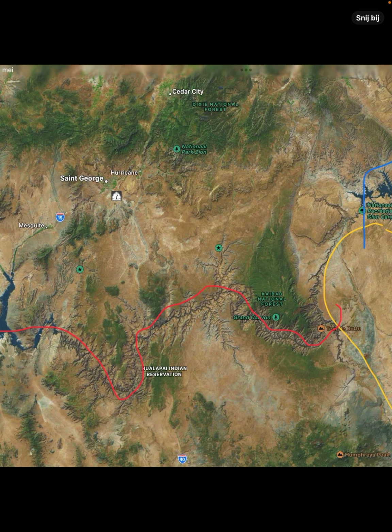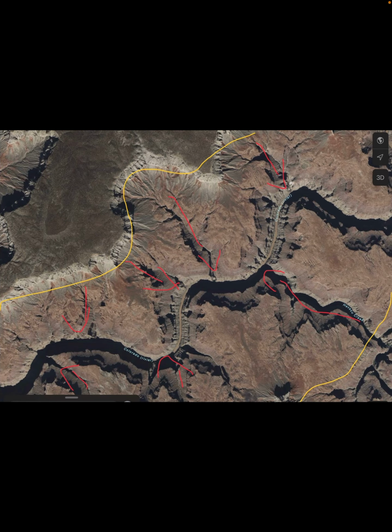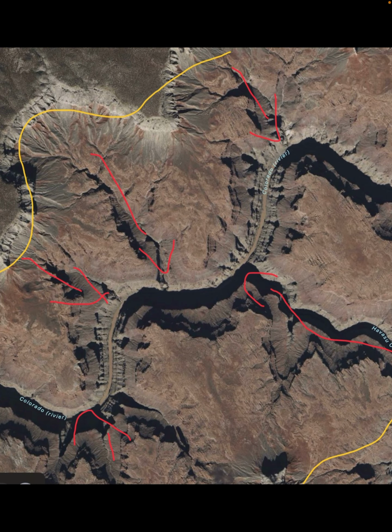So as you can see from just this image, this just looks to me like it is made by a large volume of water. But I took some more close-up pictures to show this a bit more clearly.